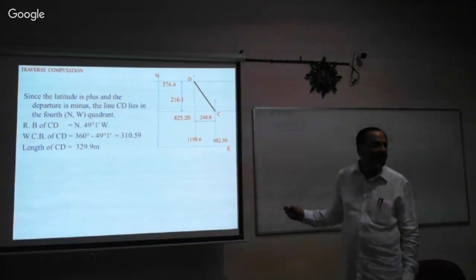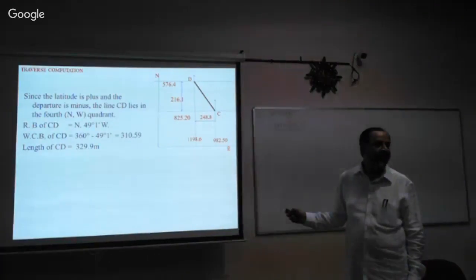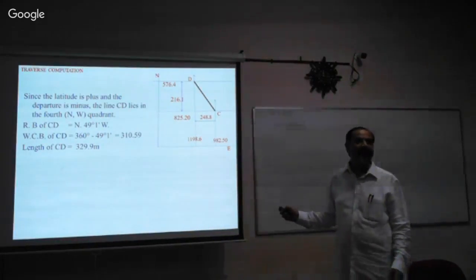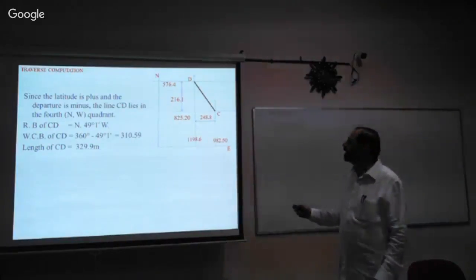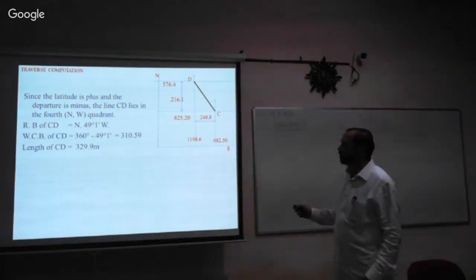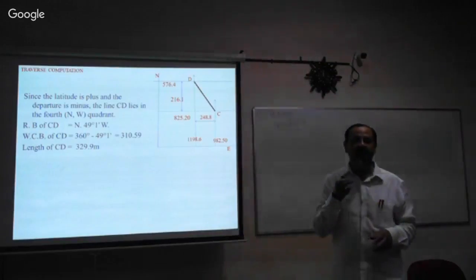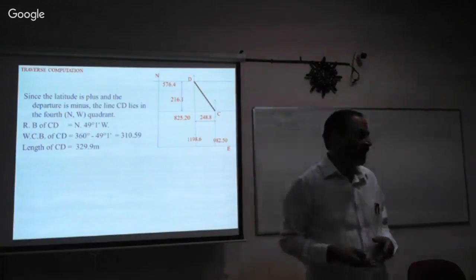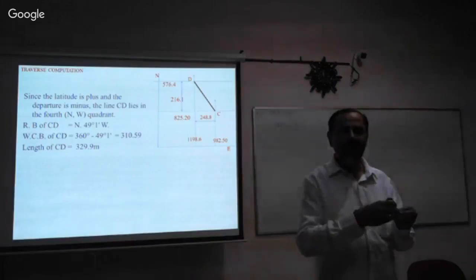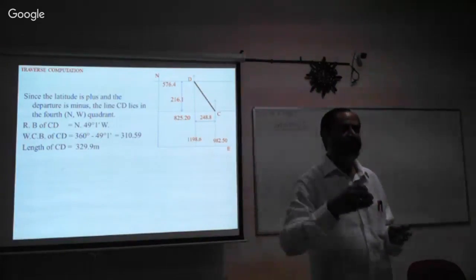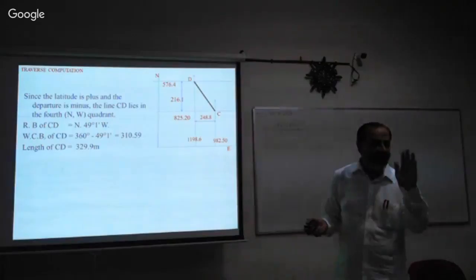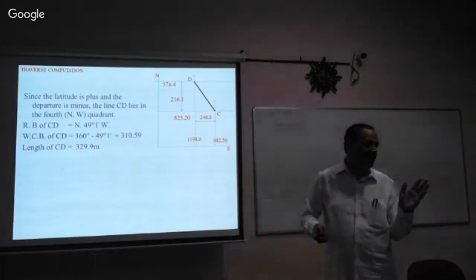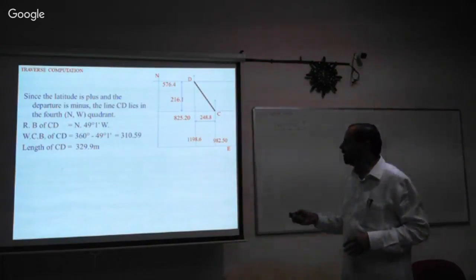DC is lying in the second quadrant. Therefore, the progressive line is important here: from C to D or D to C. Okay? Shall we go ahead?